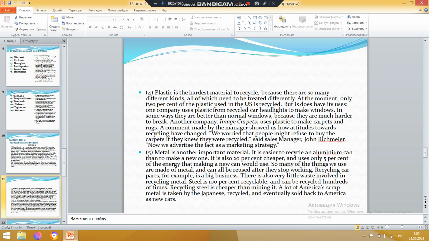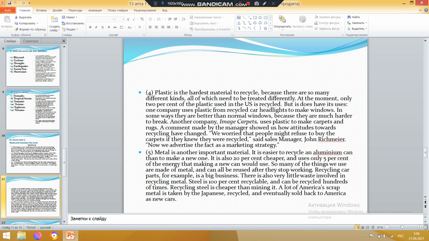Plastic is the hardest material to recycle because there are so many different kinds, all of which need to be treated differently. At the moment, only 2% of the plastic used in the US is recycled, but it does have uses. One company uses plastic from recycled car headlights to make windows. In some ways, they are better than normal windows because they are much harder to break.